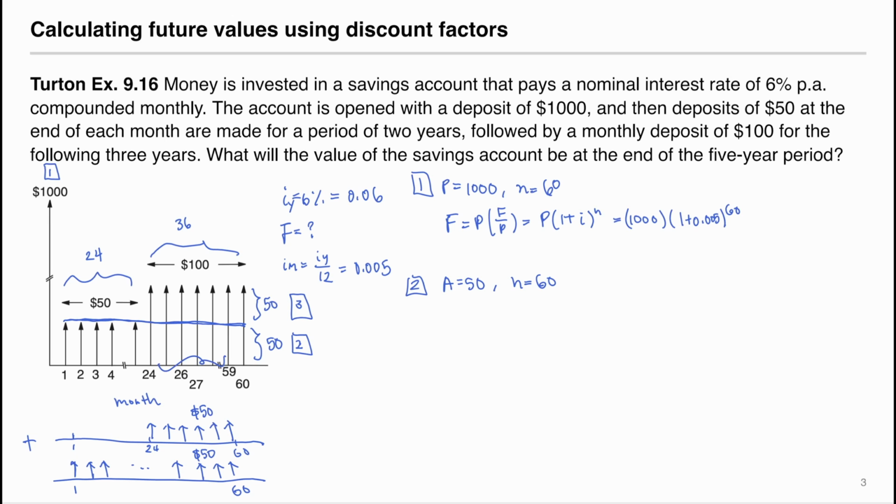So we're breaking them down to part 2 and part 3. So for part 2, we have annuity of $50, and then months is 60.